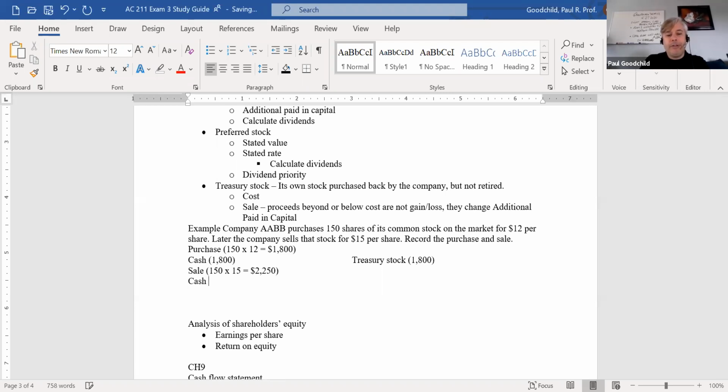So we have cash, 2,250. We'd have treasury stock, 1,800. And we'd have additional paid in capital of the difference, 450.